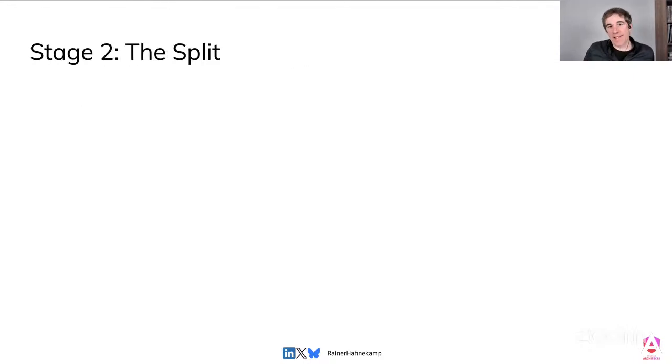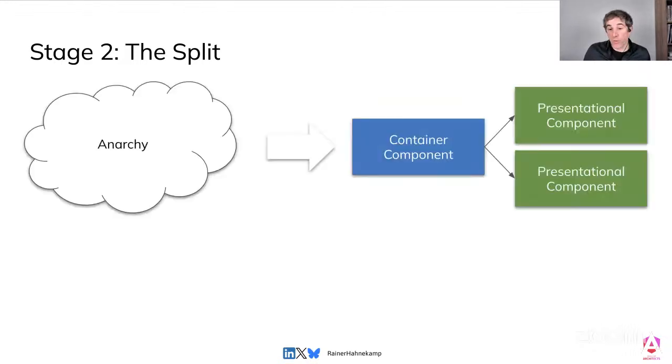And then the second stage, which comes afterwards, is the split. This is now the place where we very early already start to bring order into our code base. So we start to split up this component, first of all, probably into container and presentational components. This is always something which works. So we can say, well, our component has too much code.